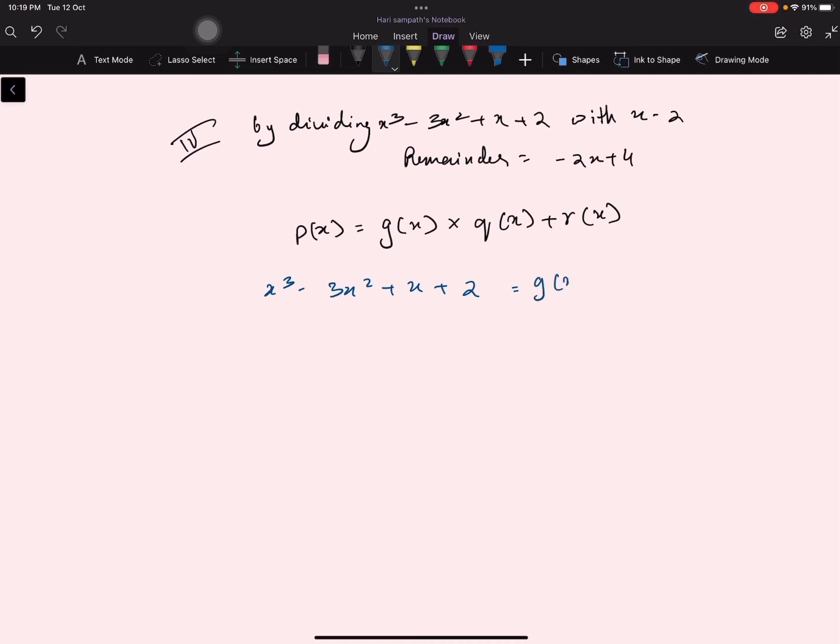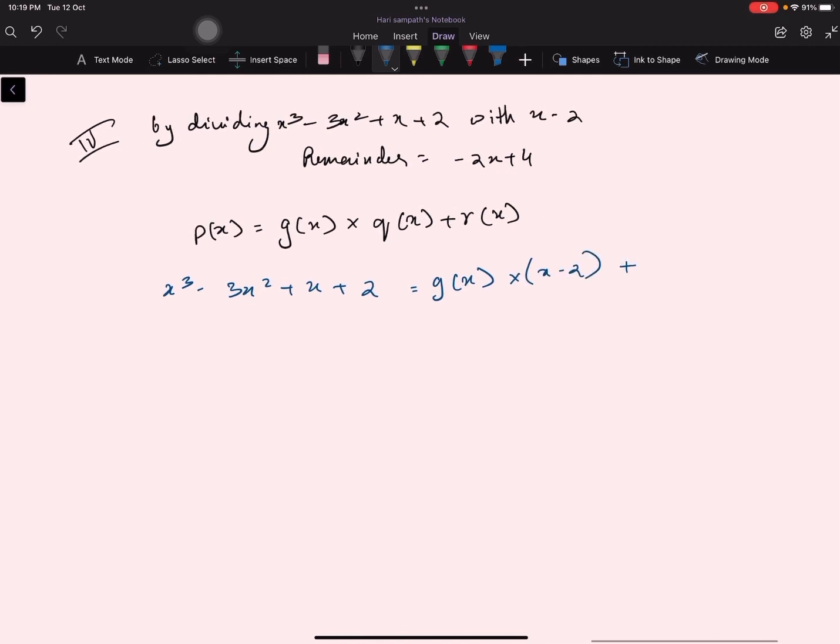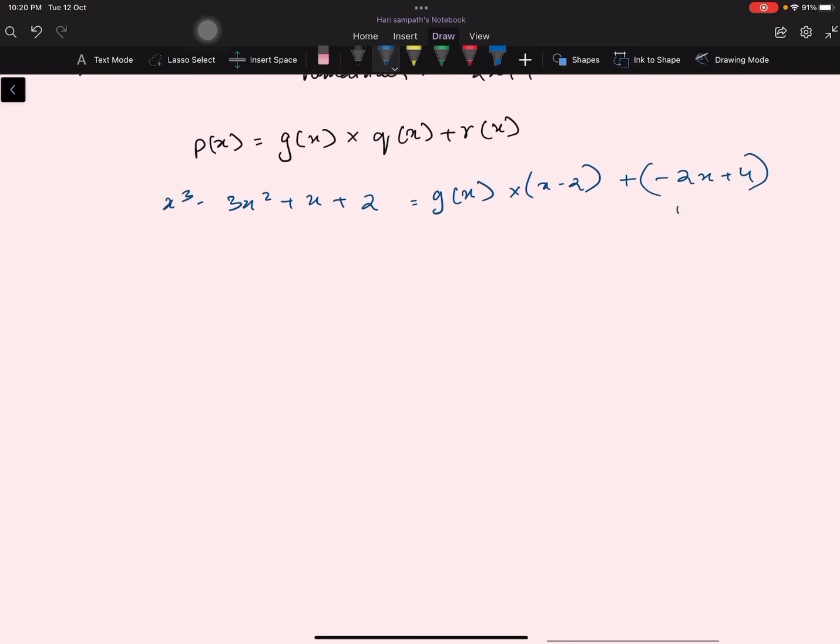We don't know g of x, so I'm going to leave it like that, into, we know this, x minus 2, and the remainder is minus 2x plus 4. I'm going to send the remainder to this side. What we're going to be getting is x cube minus 3x square plus x plus 2 plus 2x minus 4.